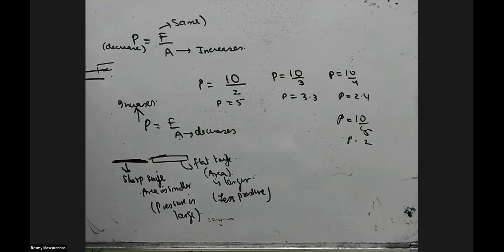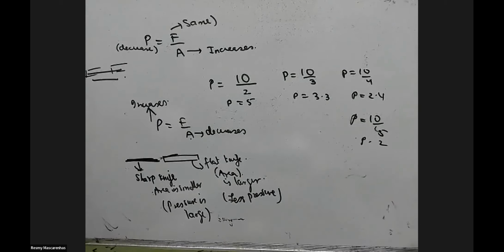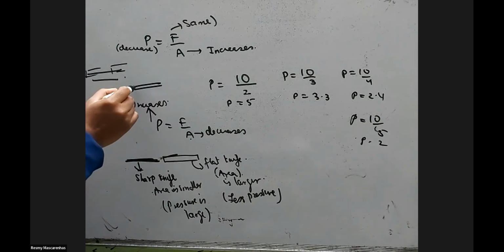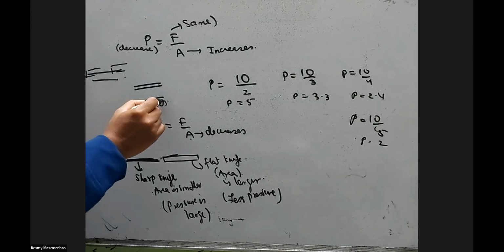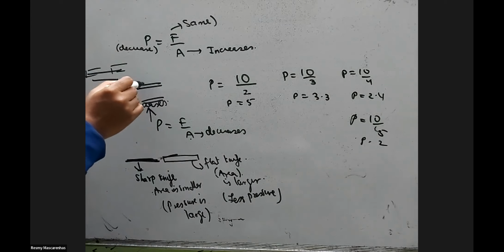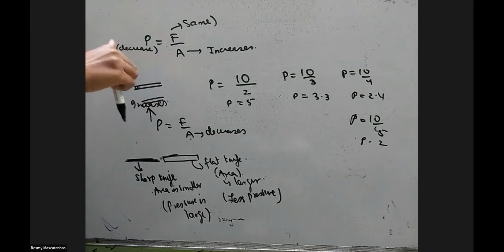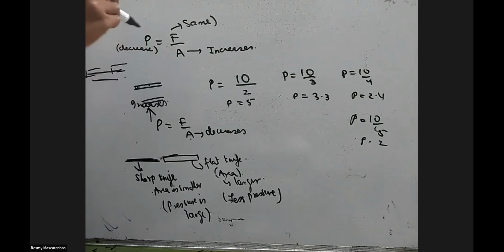Why is it so? Because the train is very heavy. Now imagine on that small track, the area of the train's contact is very small. The wheels are moving. So the weight of the train will be so high that the track can go inside because of the pressure.